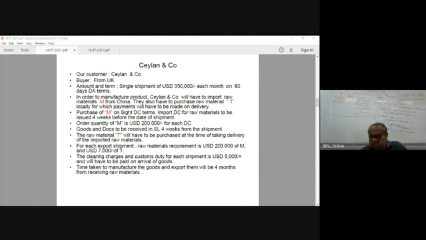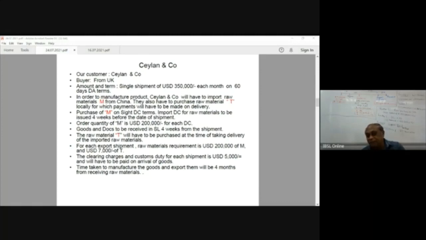Once you receive the acceptance, then you can discount the bills, because then we are going for the issuing bank's credit lines.